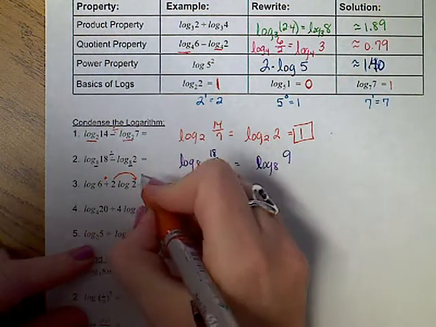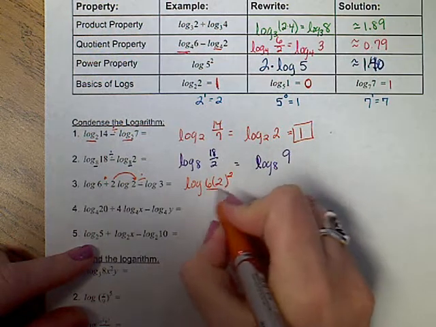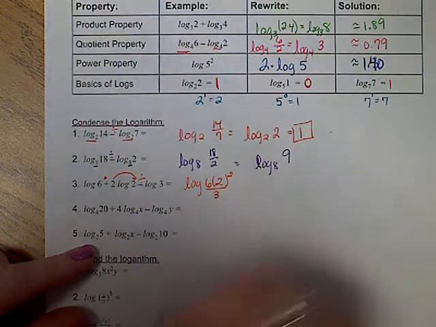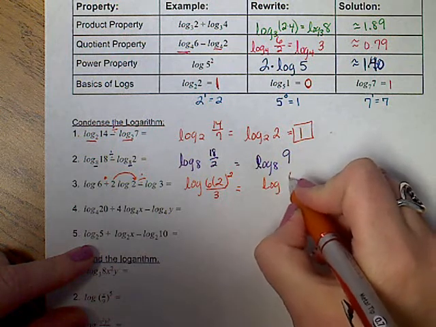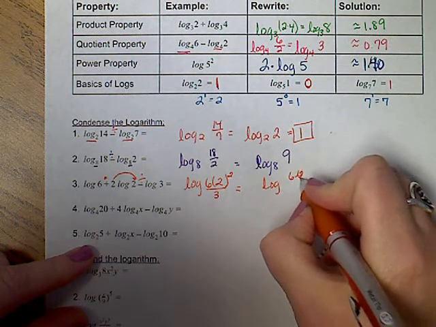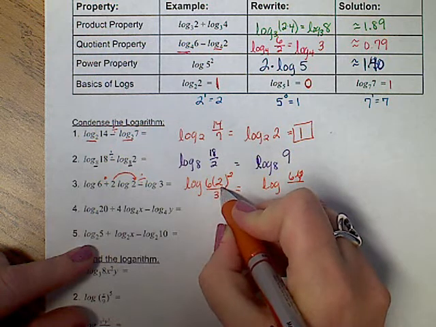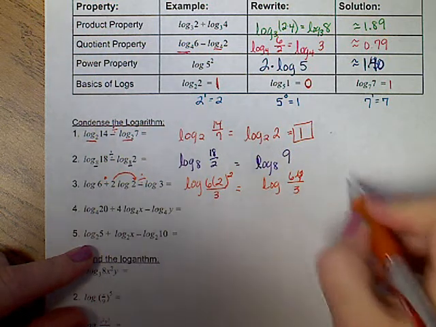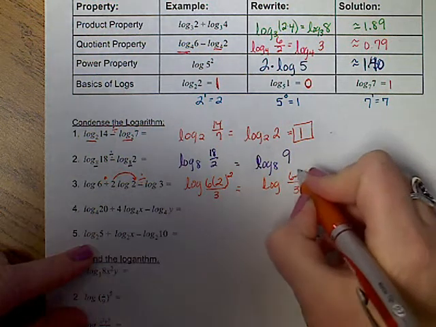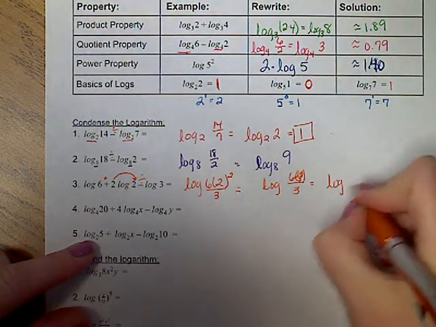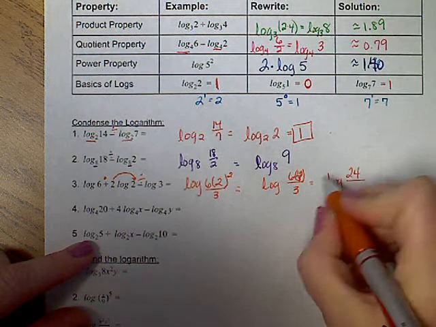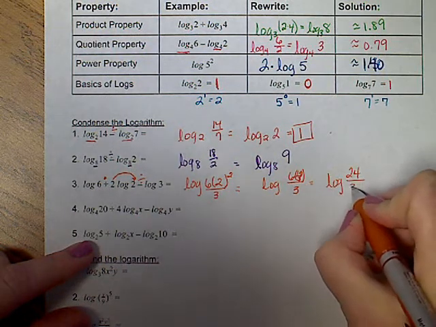Don't forget that. We've got division here, so we're going to divide by 3. So we're going to simplify, so we've got log of 6 times 4, 2 times 2 is 4, divided by 3. I didn't write that well, sorry, 6 times 4. So then we're going to get log of 24, 6 times 4 is 24, divided by 3.